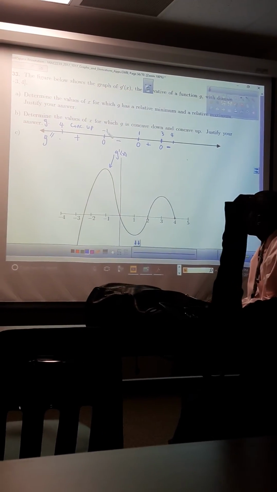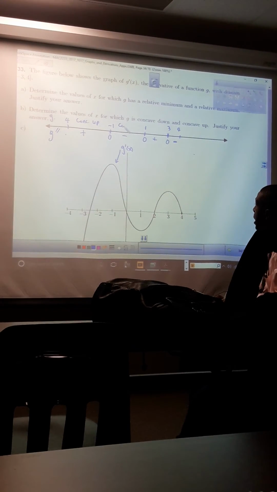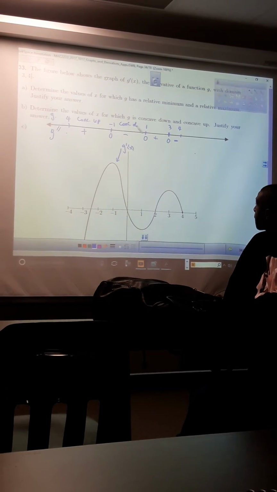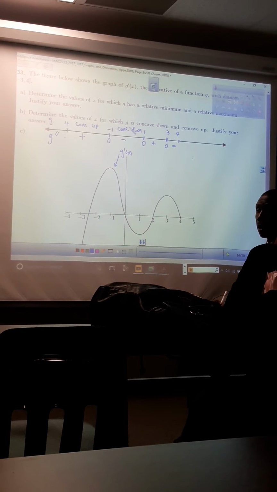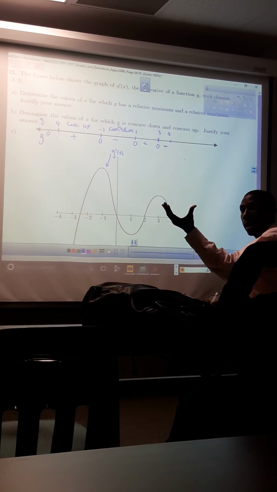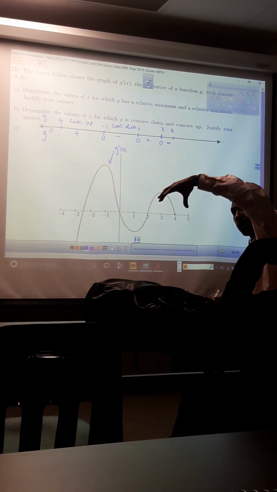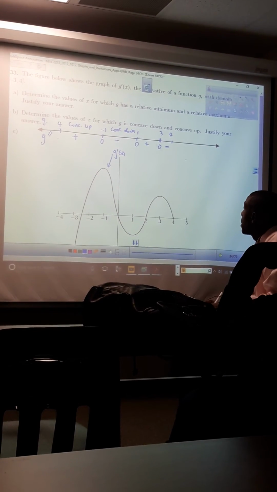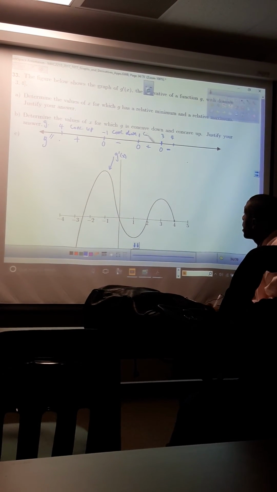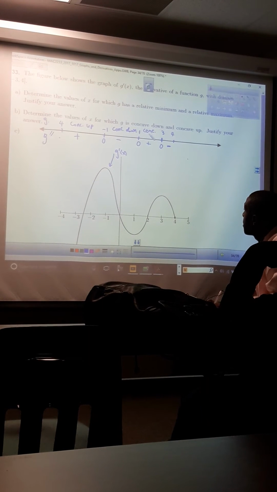And then from -1 to 0, G is concave down. Right? When it opens upward, that's concave up. When it opens downward, that's concave down. Okay. And then this is concave up.